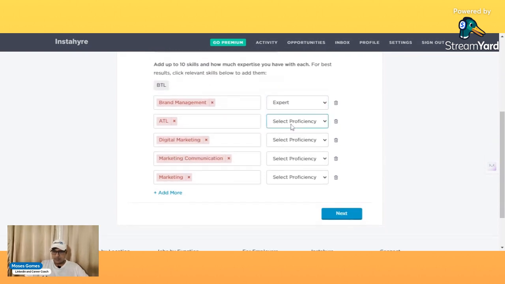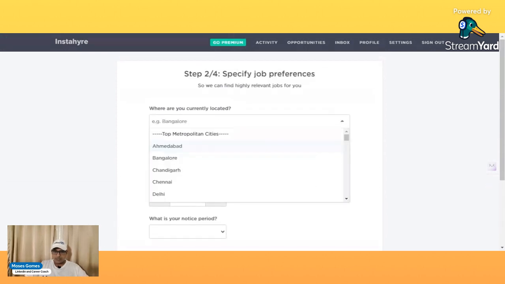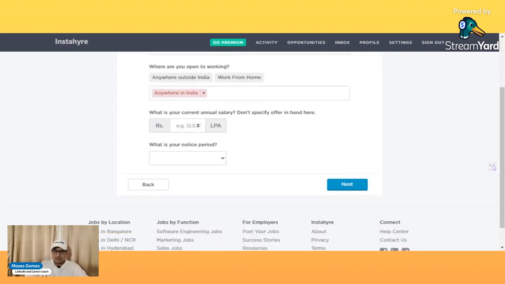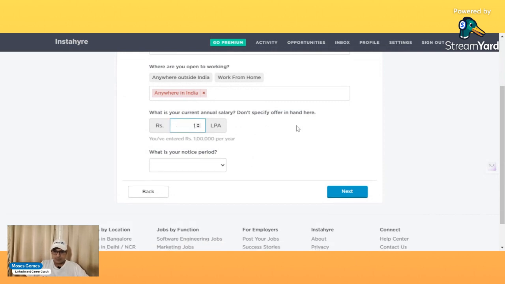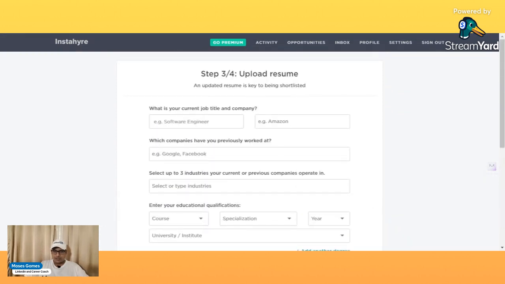Proficiency: expert, expert, expert, expert. I can add more skills, but for time's sake, you're currently located at Mumbai. We open anywhere in India. Your current salary, let's say for example 10 lakh LPA. What is your notice period? It's 1 month. Next. I fill out all these particular details.